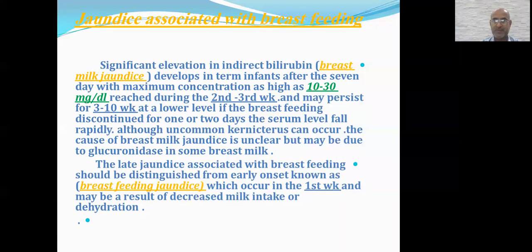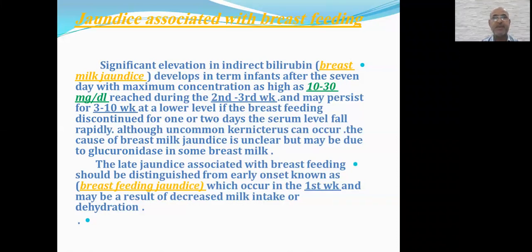Breastfeeding jaundice appears due to less intake of milk that results in dehydration, or less energy, and appears earlier in the first few days, while breast milk jaundice appears after the first week.